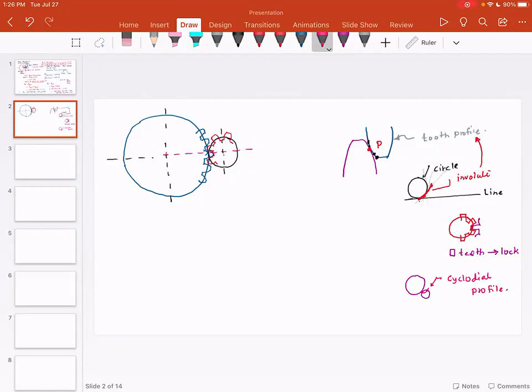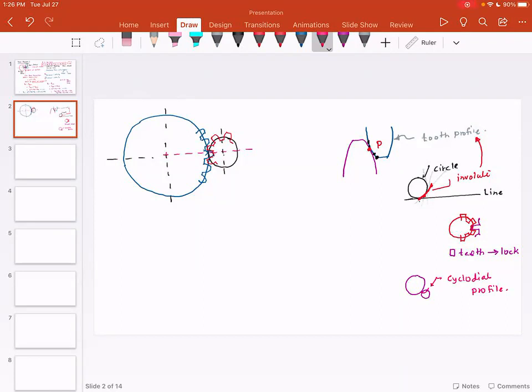So which means involute profile will have some interference. Cycloidal profile will not have any interference. But typically, cycloidal profiles are used in specialty applications. Involute gears are used in common applications.